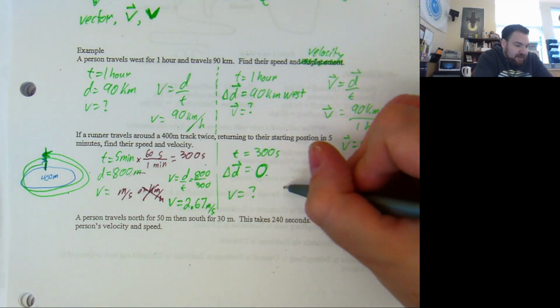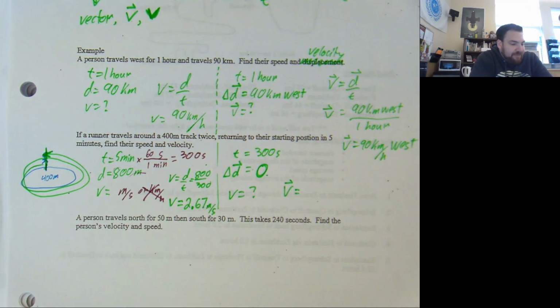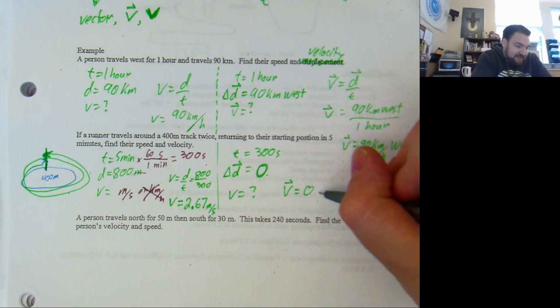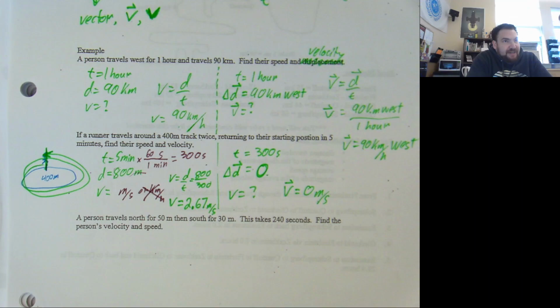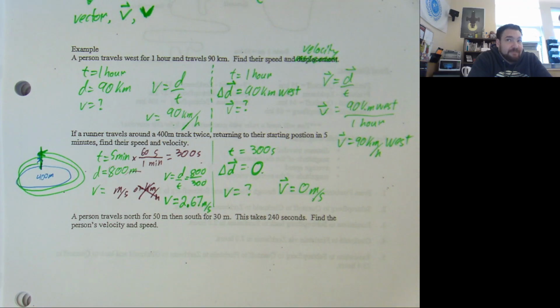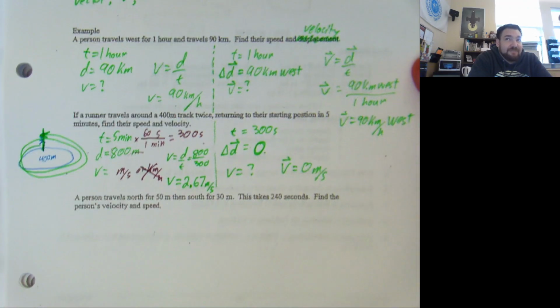So the velocity for our runner during this time is going to be 0 meters per second. As far as our velocity is concerned, it didn't move. It's weird, but that's how it rolls.